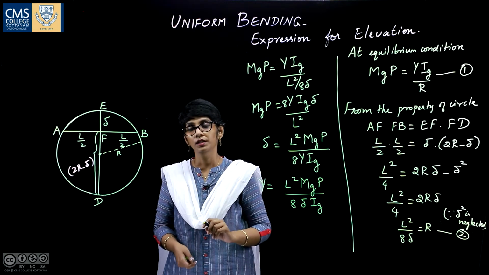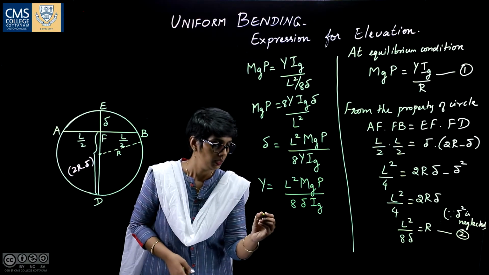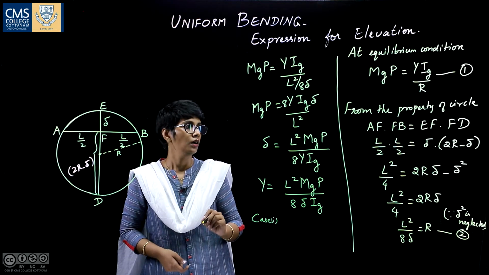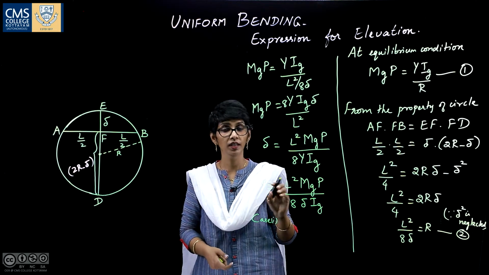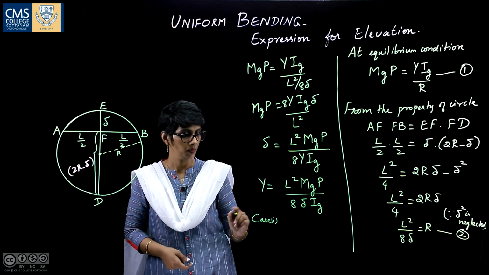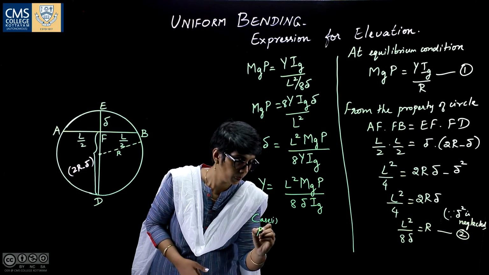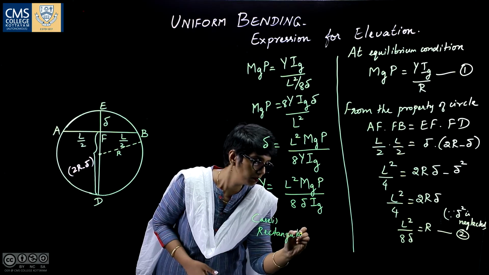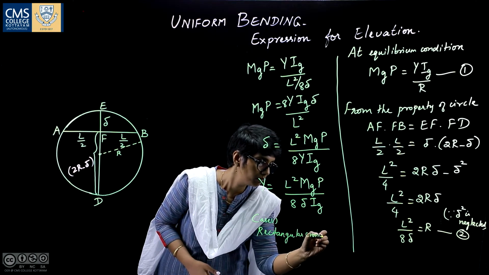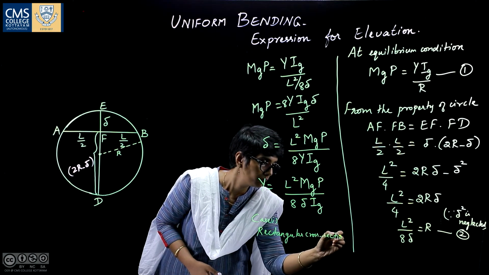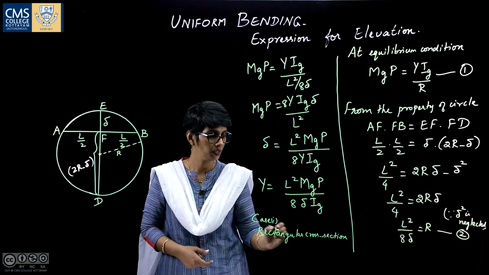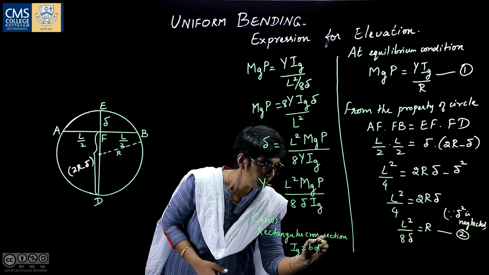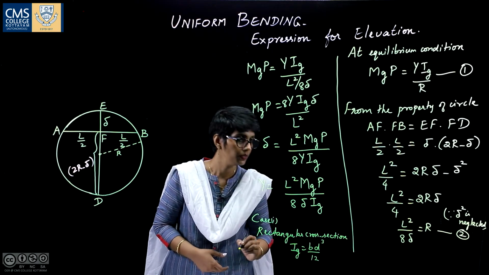Now we have two cases. Case 1, when the beam has a rectangular cross section. For a rectangular cross section, we know Ig is equal to bd cube by 12.